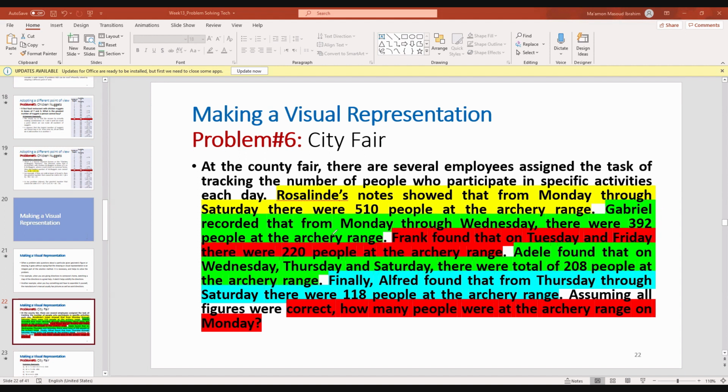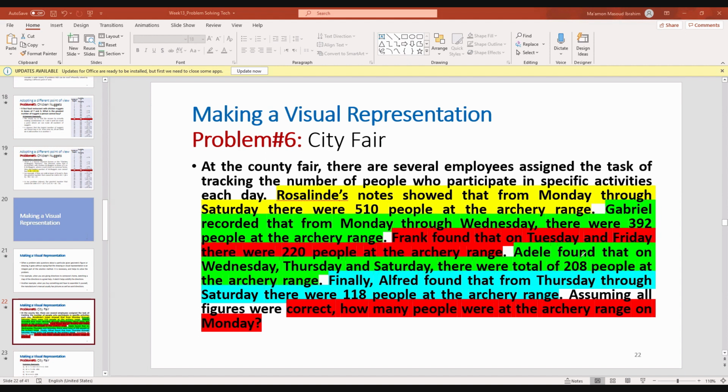Gabriel recorded that from Monday through Wednesday there were 392 people at the archery range. And Frank said that he found that on Tuesday and Friday there were 220 people at the archery range.